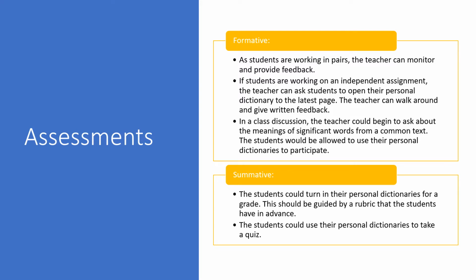And then, of course, eventually this could be done in a class discussion. So the teacher could begin to ask about the meanings of significant words from a common text. The students would be allowed to use their personal dictionaries to participate in that class discussion. So within the class discussion, the teacher would have another layer of formative assessment.